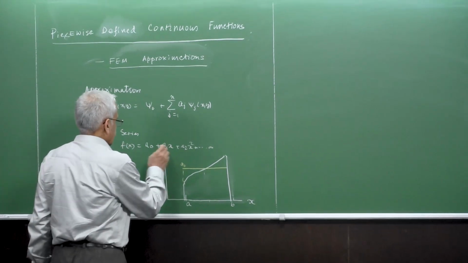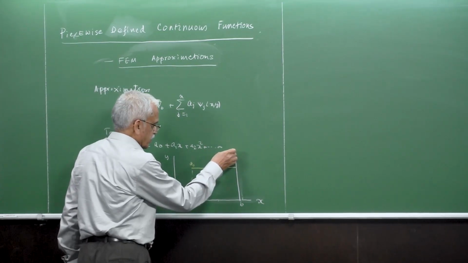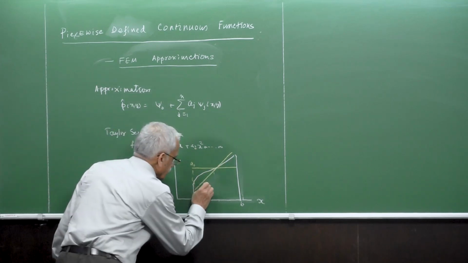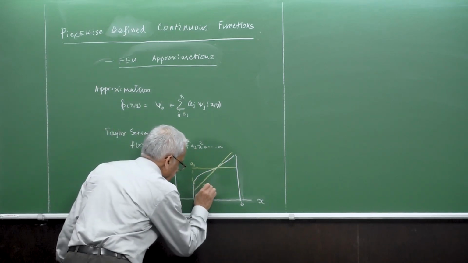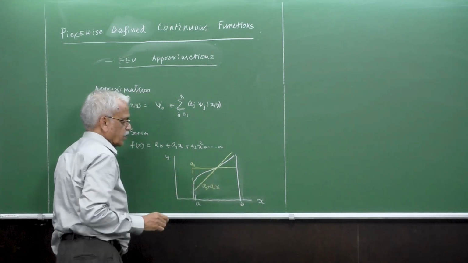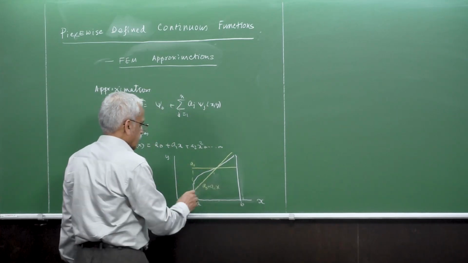On the other hand, if you also include one more term, linear, then a better approximation will be like this, which is a0 plus a1 x. This a0 and that a0 need not be the same. And then this is two terms.